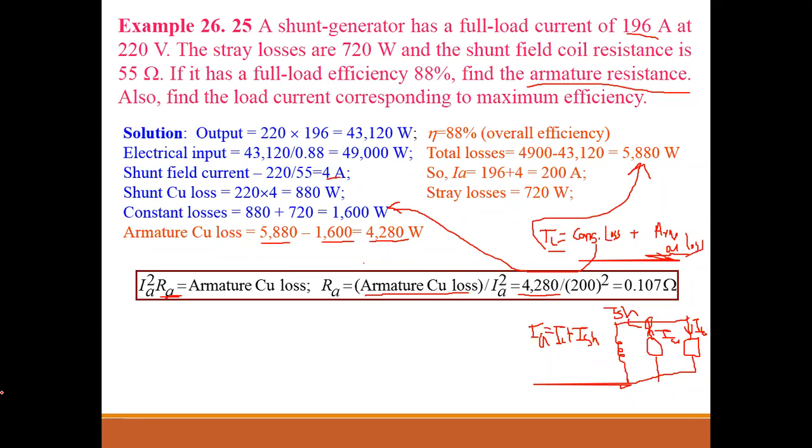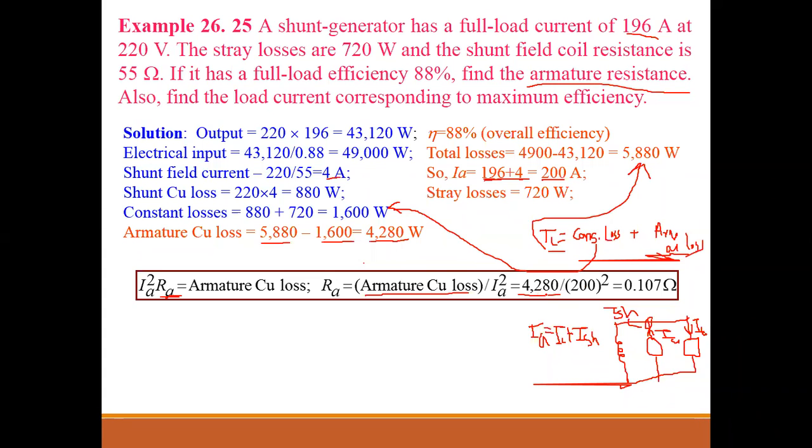Any problem? No sir. Then IL we know is 196, and ISH we have calculated as 4 ampere. So Ia is the addition of these two, 196 plus 4, which is 200 ampere. So to calculate the armature resistance Ra, we take the armature copper loss we calculated, 4280, divided by Ia square, that is the square of 200.